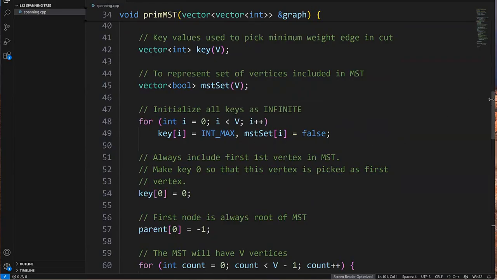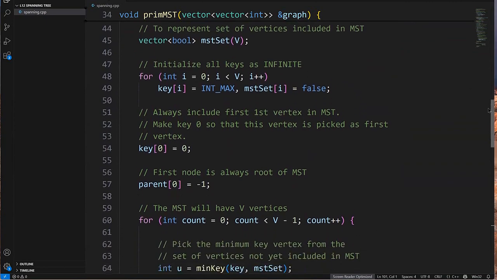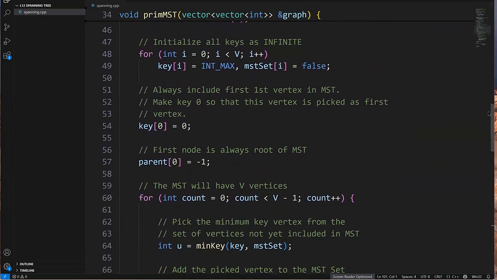Now, make key[0] as 0. So your first node, node 0, is your first pick, the first node that you include. And it doesn't have a parent, so you set the first one as root, no parent.